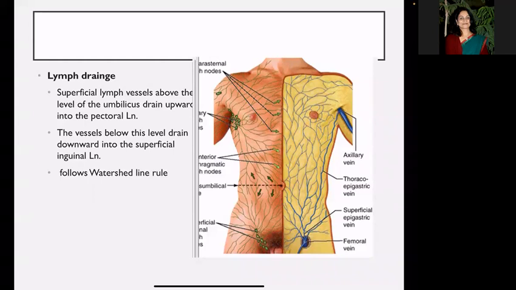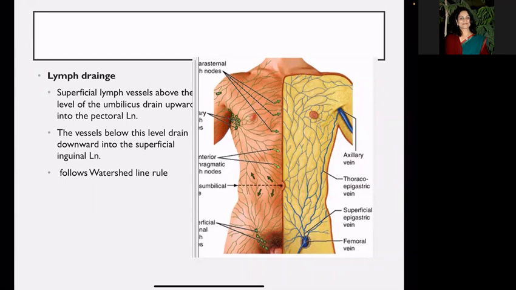And about lymphatics, again, as the vessels, lymphatics follow the watershed line. So the lymphatics above the umbilicus drain into axillary group of lymph nodes. Below the umbilicus, they drain into the superficial inguinal group of lymph nodes.